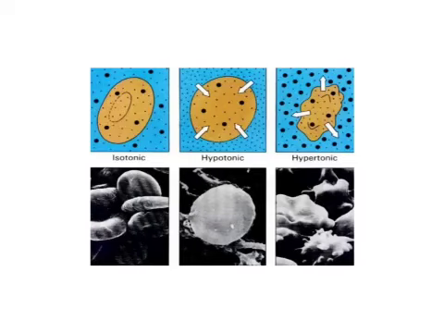The isotonic condition, that's the condition where the concentration on the inside, side 1, is the same as the concentration on the outside. Because they're the same, any movement of water into the cell is equal to the amount of movement of water outside the cell. So with osmosis, there is no change.